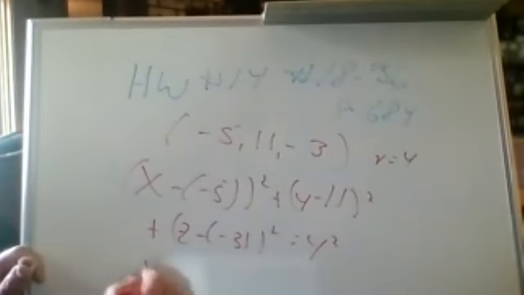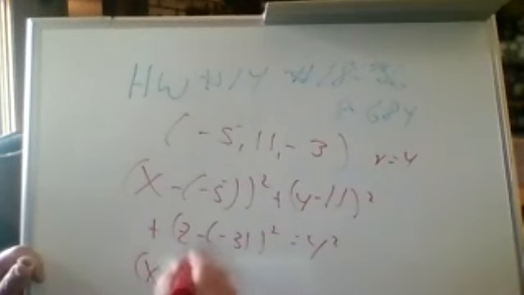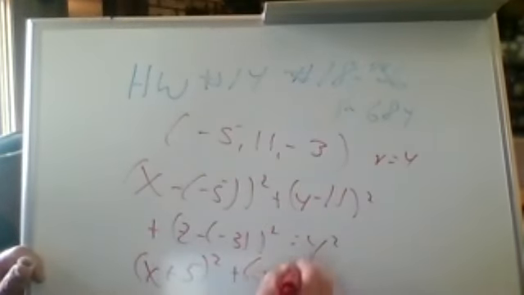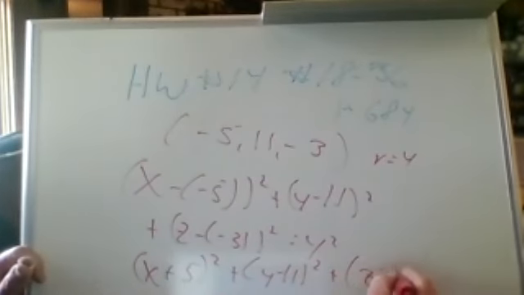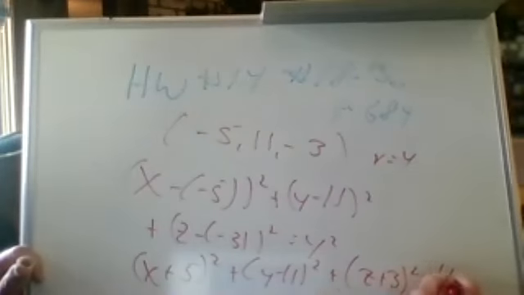So my equation becomes x plus 5 squared plus y minus 11 squared plus z plus 3 squared equals 16, okay? And that's the answer to 36, and that's as far as we're doing.